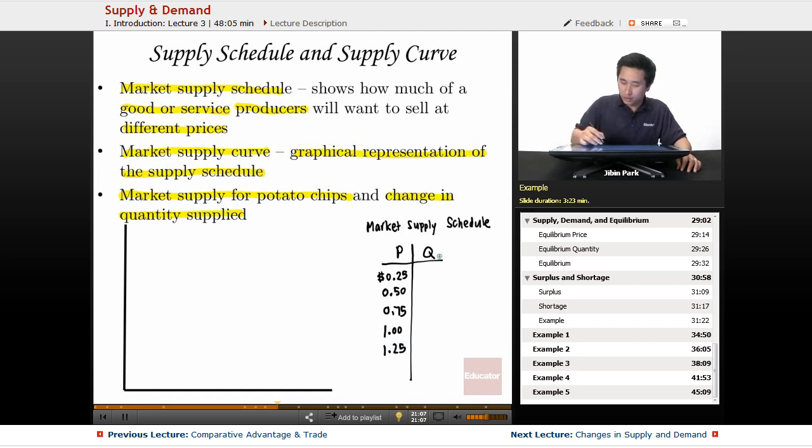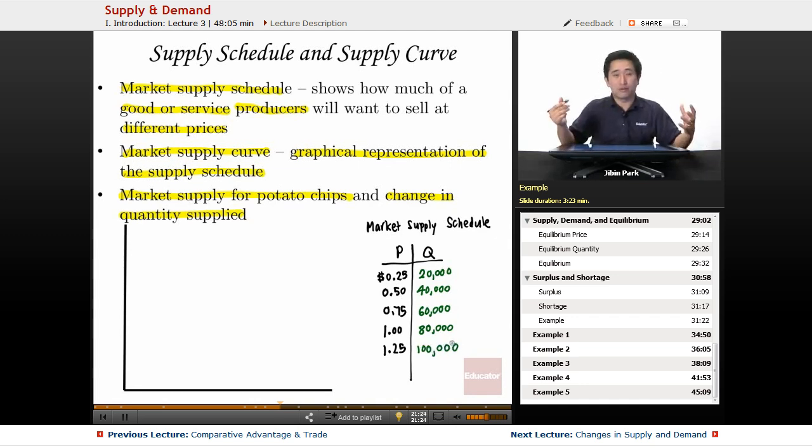And the quantity, let's go ahead and use 20,000, and then 40,000, 60,000, 80,000, and then 100,000.